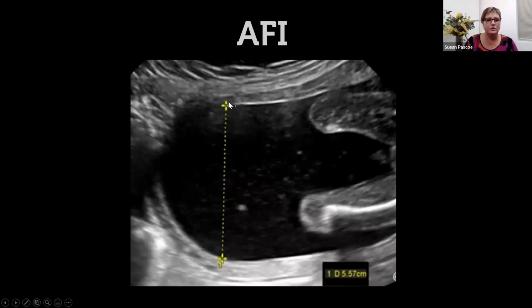Now, in that near field of the ultrasound, sometimes you can get some near field reverberation and some artifactual echoes that write themselves in this superficial region. So you need to adjust your gain settings to make sure we've got black fluid and grey or hypoechoic edges of the uterus. The measurement goes from the edge of the uterus to the deepest part at the edge of the uterus. Again, be careful not to apply too much pressure that you're dispersing the fluid.